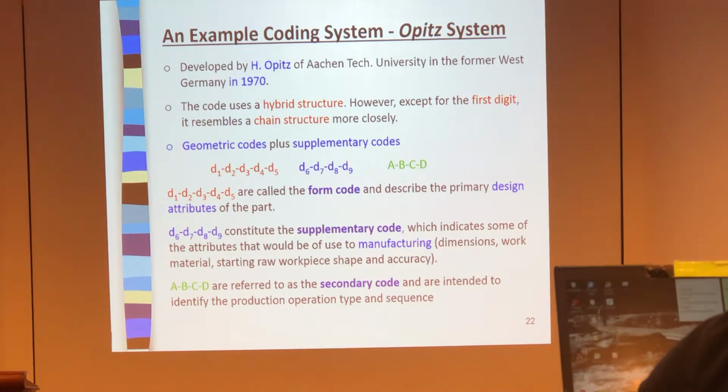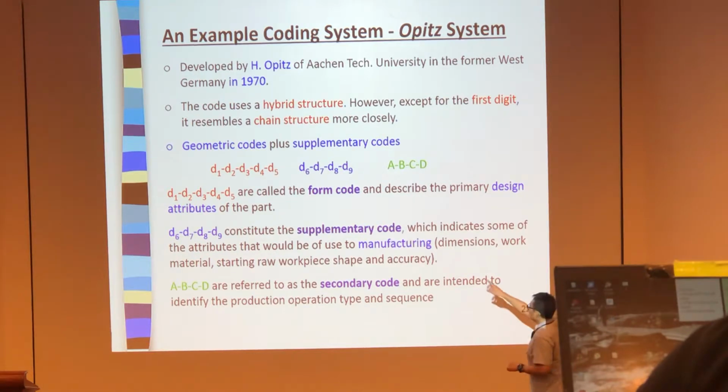Germany was reunited, I think, in 1991, sometime around that. But anyway, the coding system was named after the developer, the professor there. This code uses a hybrid structure, but only for the first digit. Only the first digit. The rest are all chain structure.